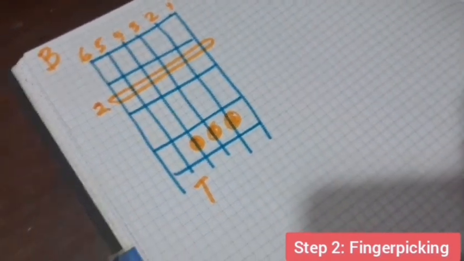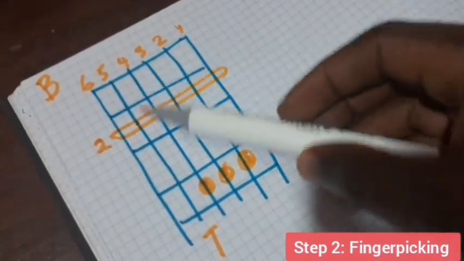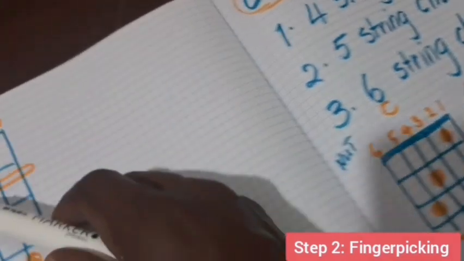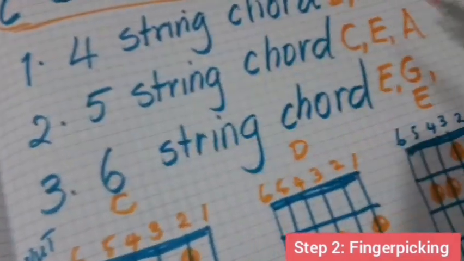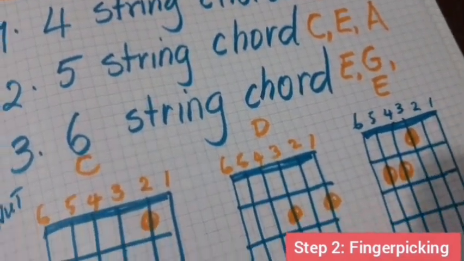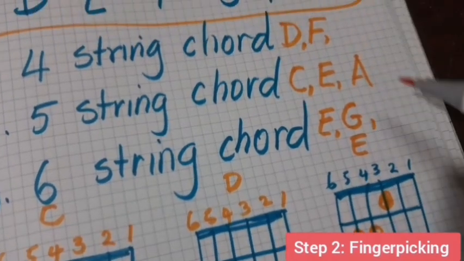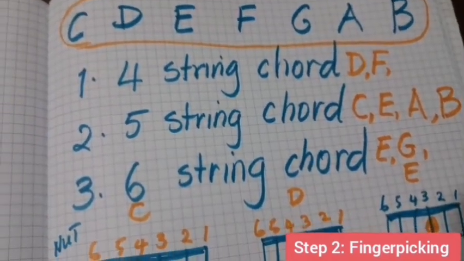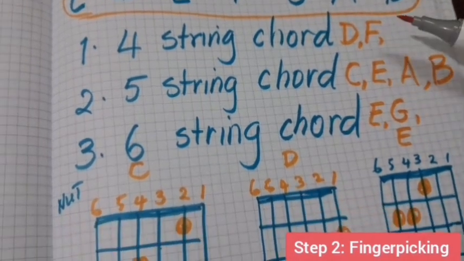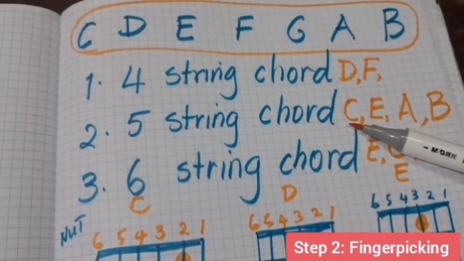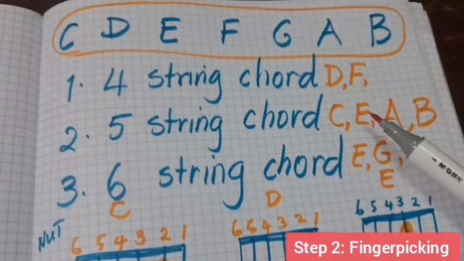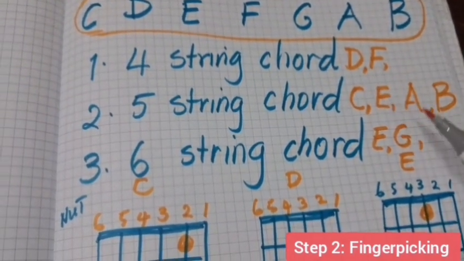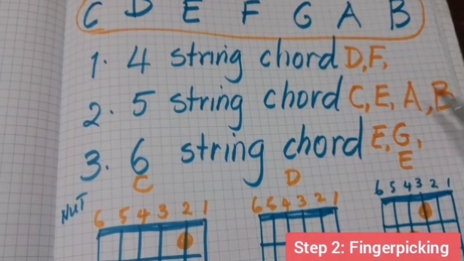Oh, sorry. Our B, therefore, is under the 5th category, or under 5-string chord. So we have C, D, E, F, G, and A, and B.